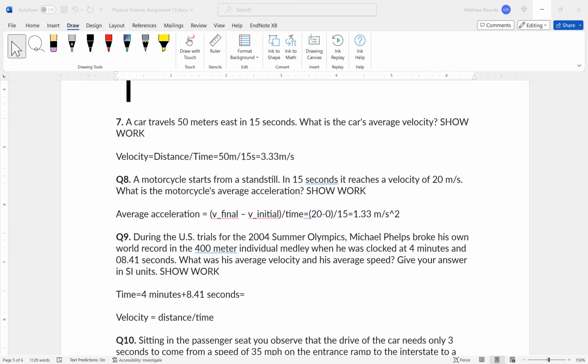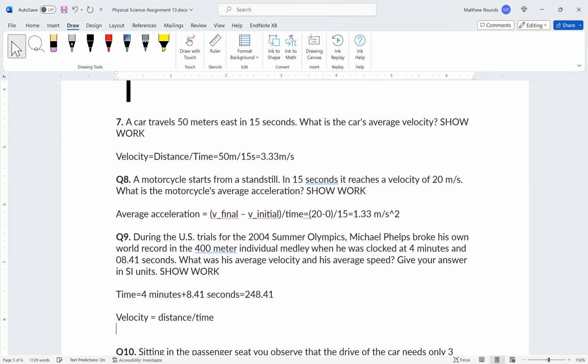I don't remember. So how many seconds are in a minute? Oh, 60 seconds. So 4 minutes is 240 seconds. Okay, so it's 240.841.